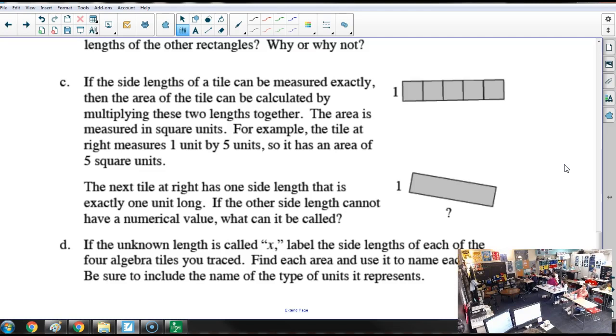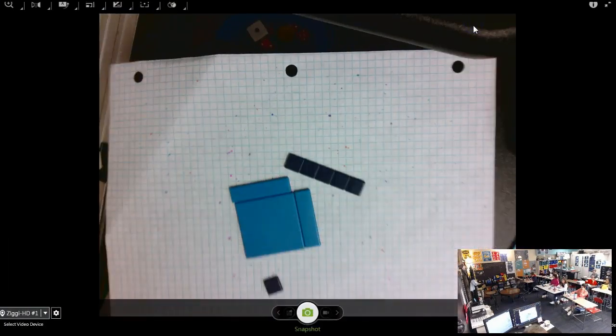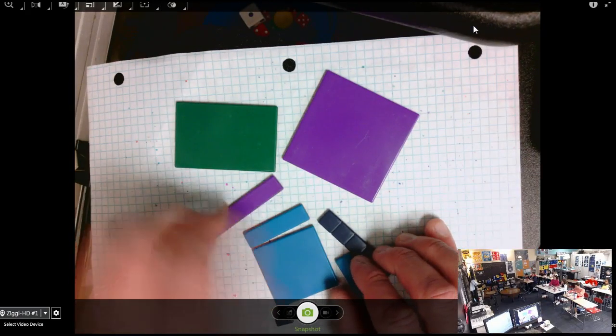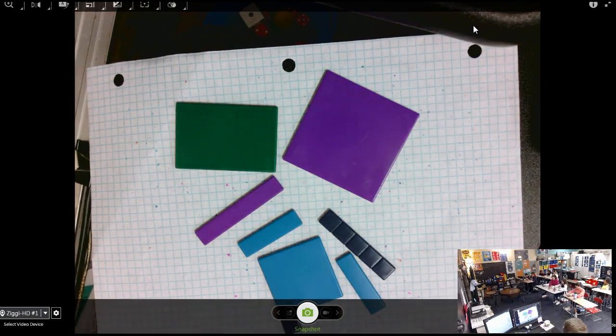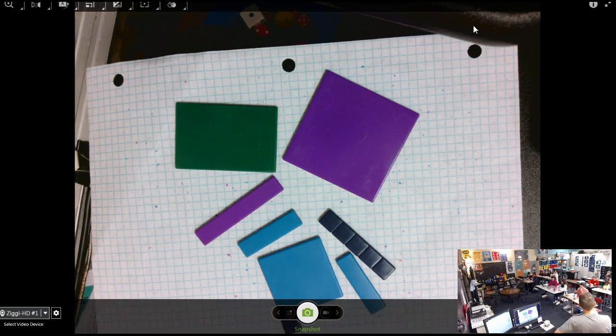Unless your bag is sad like Zach and Nick's, you should also have these tiles. You do not have to trace these. But if we say that those tiles are the next tiles we work with, take a moment, play with it at your desk, and figure out what those tiles would be called.